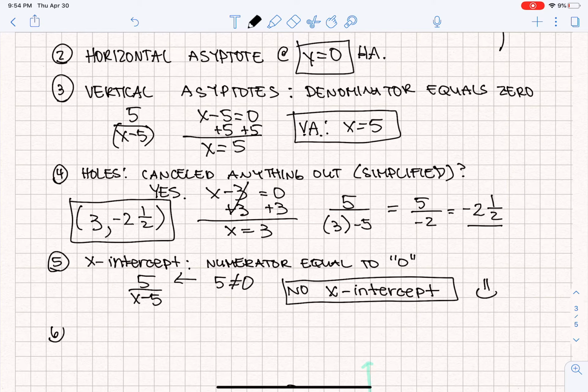Number 6. We're going to find our y-intercept. And to find our y-intercept, what we do is we plug in x equals 0 into the function. All right, so let's do that.